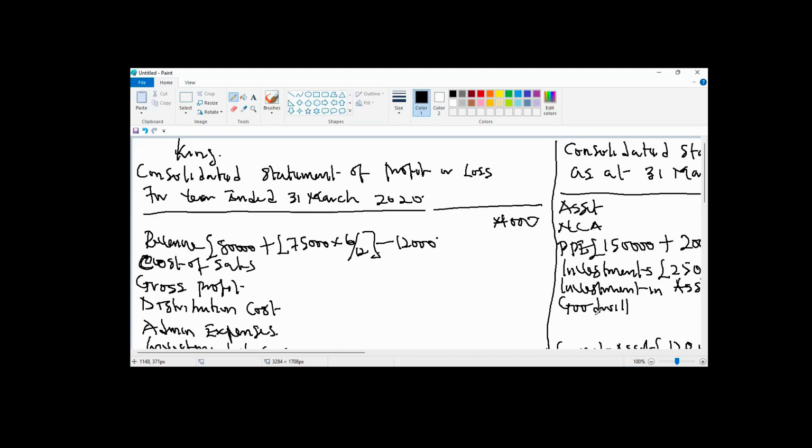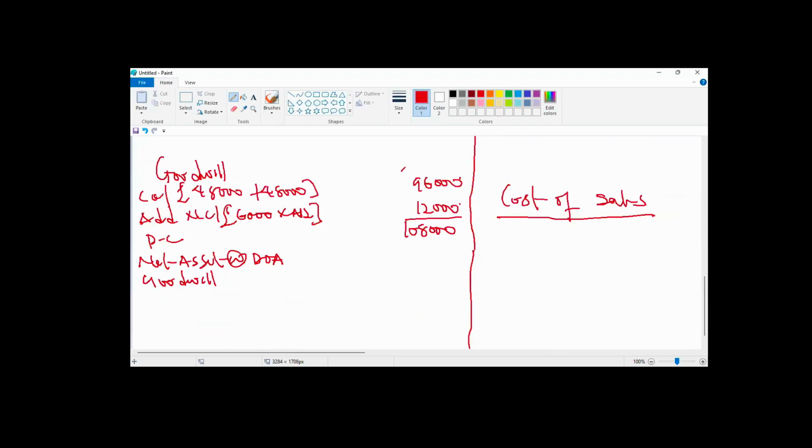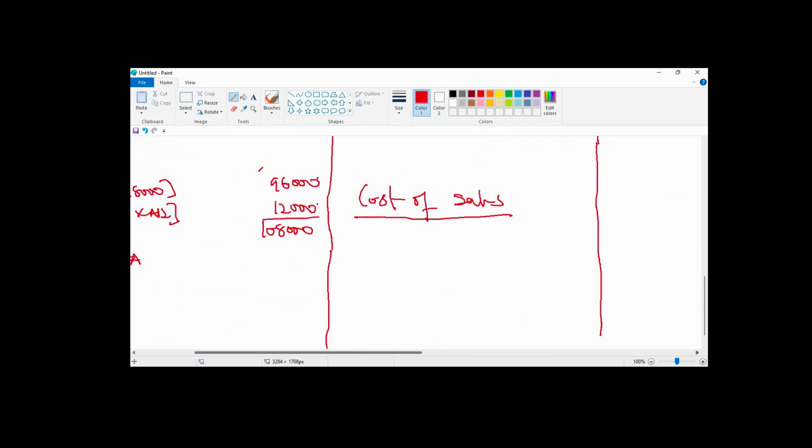Then I'll go to the cost of sales. What is the cost of sales of the parent? I've opened cost of sales down after investment in associates. Parent cost of sales is 30,000. So, cost of sales, 25,000. Intergroup sales, to be credited.